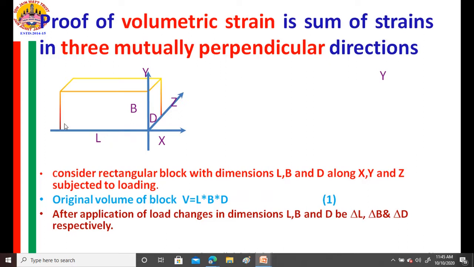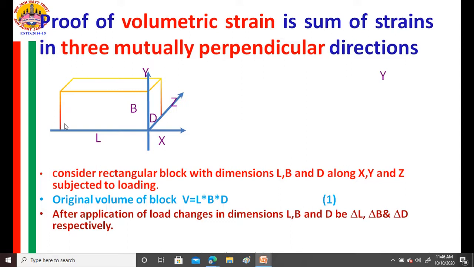After application of the load, L will change by del L, B will change by del B and D will change by del D. Friends, I am using the general word change. I am not saying dimensions are increasing or decreasing; increase or decrease is specific, change is common.